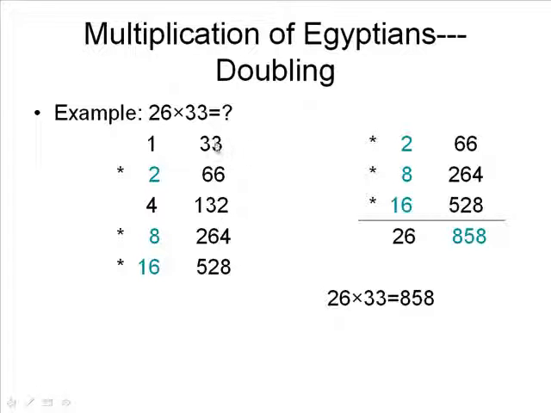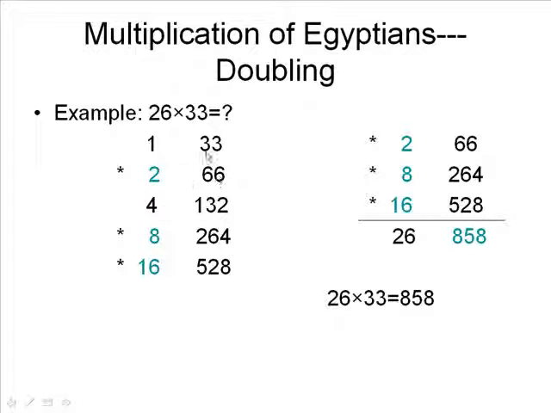Today, of course, we can find 2 33s by multiplying 33 and 2, and 4 33s by multiplying 33 and 4, and similarly for the others. But what the Egyptians did was to double the number again. So for example, if we want to find 2 33s, we can add 33 and 33, and we get 66.